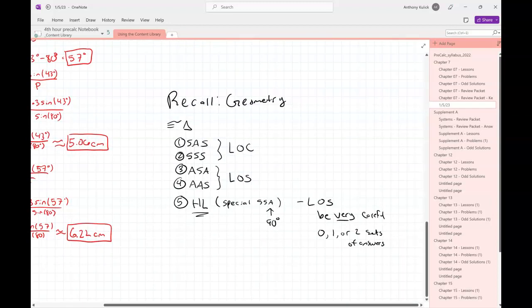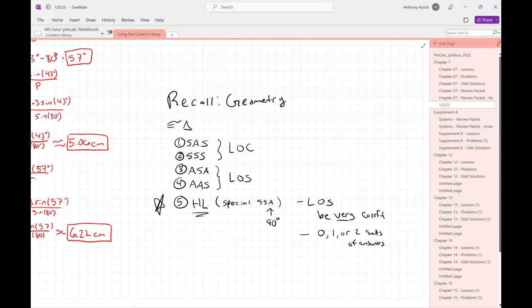So we have to be really careful in this situation. In fact, the situation where we can get 0, 1, or 2 is called the ambiguous case. And that's going to be the title of our next section.